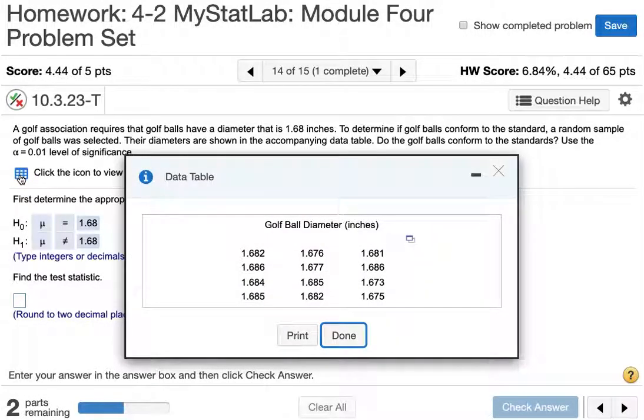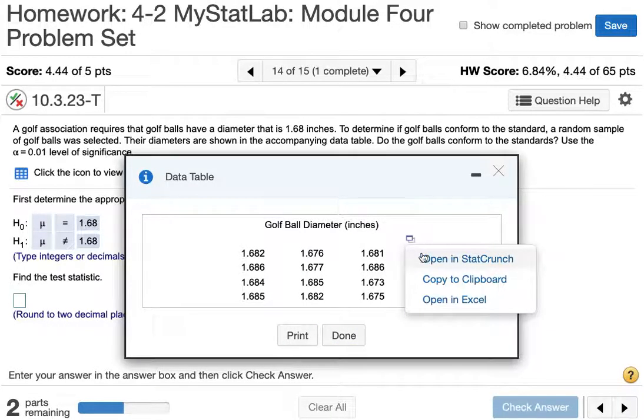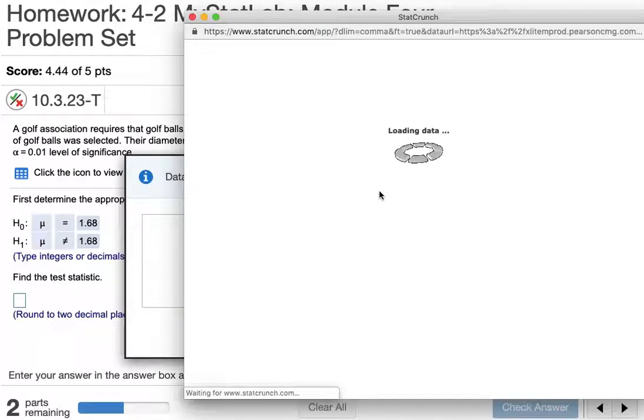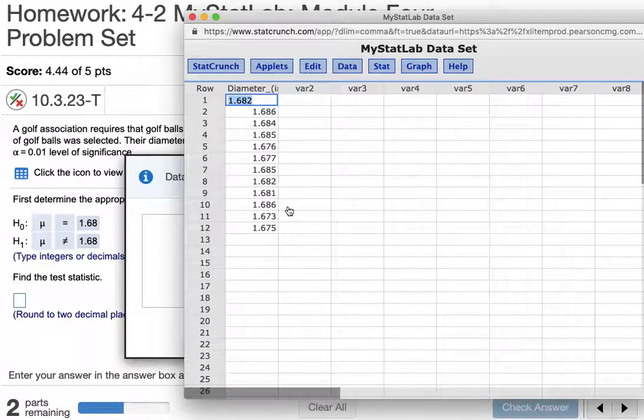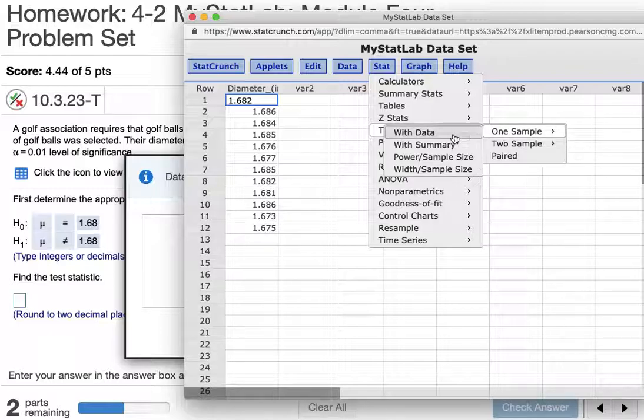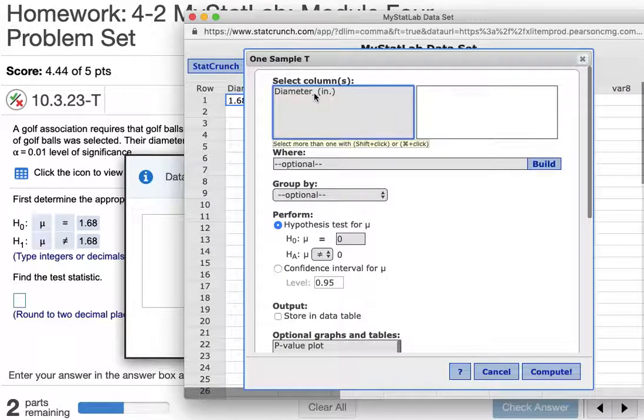So here is the sample, and then what we do is we click here to get it to open in StatCrunch because we want to find the test statistic, and we have a sample of 12, it looks like. So we go Stat, T-Stats, and this is a one sample, and with the data, we don't have the summary, like we don't have the standard deviation and different things that we would see in the summary details.